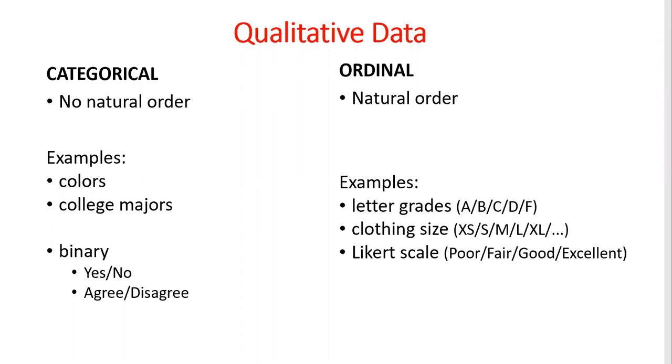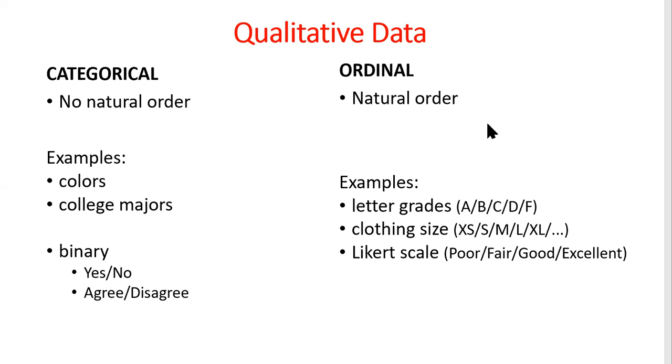Categorical data that has two possible values is also called binary, and that's answers such as yes or no, or agree or disagree. Note that not all categorical data are binary, like we mentioned before, colors. That's categorical but non-binary data.